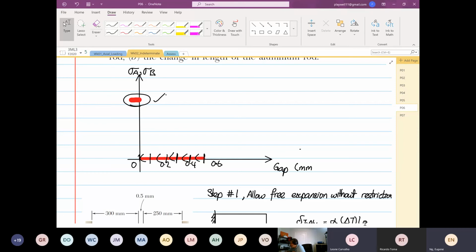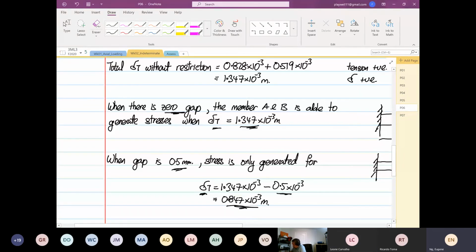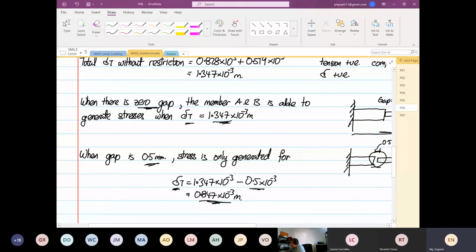So for zero gap, what I'm trying to say down here is this. Let's say the question says there is no gap. When there's no gap and the structure starts to change its length as the temperature increases, you will see stresses over a free expansion of 1.347.